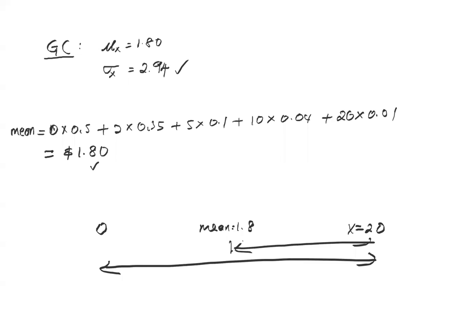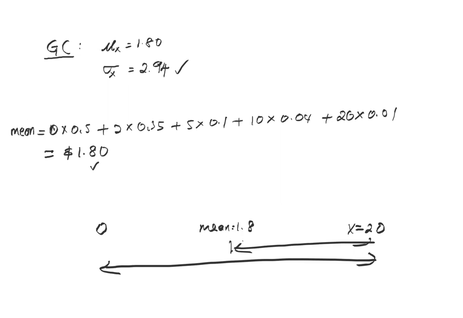$1.8. If the store owner charges $2, that means it's an unfair game to the player. If the store owner charges $1.5, it is unfair to the owner. Are you clear?